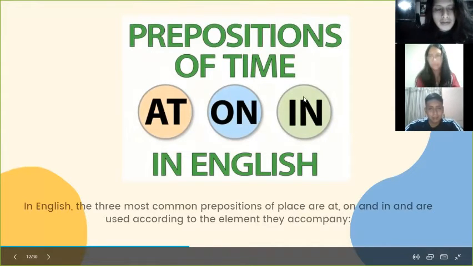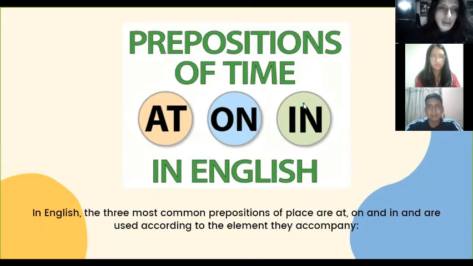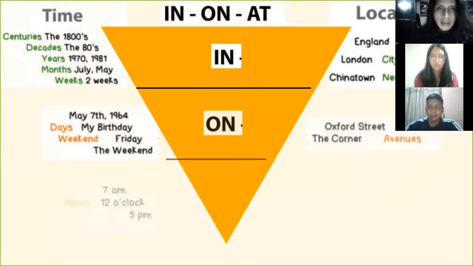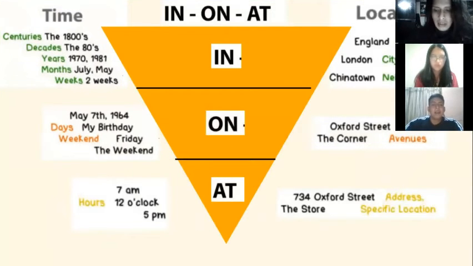The preposition of time. In English, the three most common prepositions of place are at, on, and in, and are used according to the element they accompany. The preposition in can be used for centuries, decades, years, months, weeks, and cities.